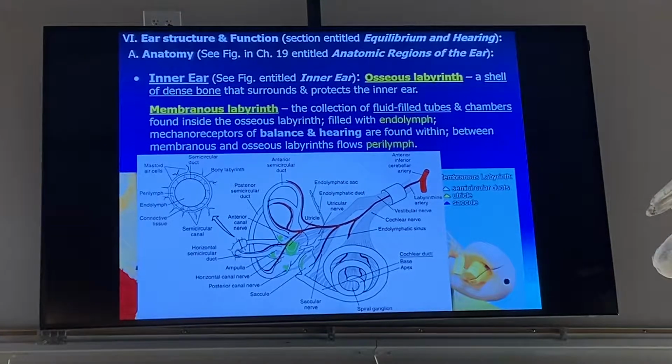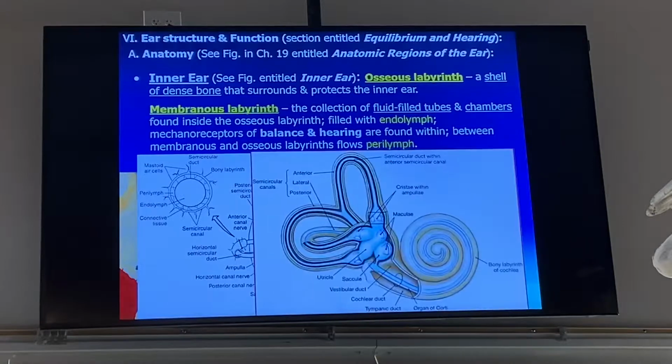Endolymph is freaky because it's an extracellular fluid, but its contents are very similar to intracellular fluid, and it's one of the only ones that are like that. Not that that'll be on a test, but maybe you guys are interested. There it is. The brown is the osseous labyrinth, the bluish gray is the membranous labyrinth.